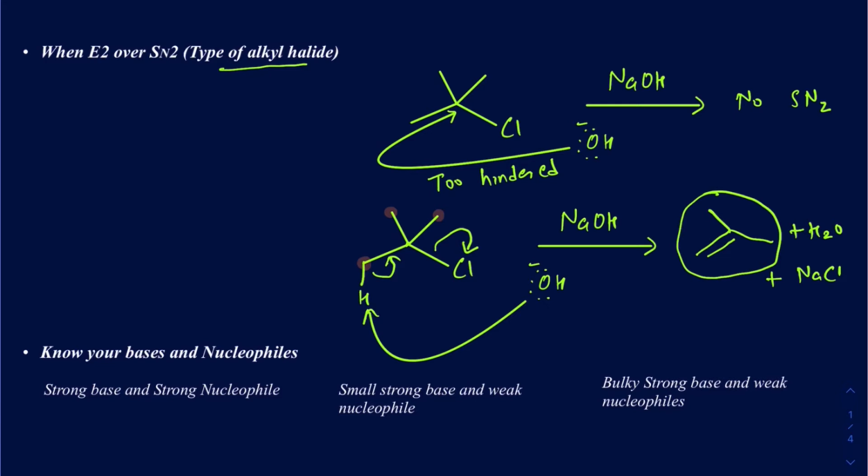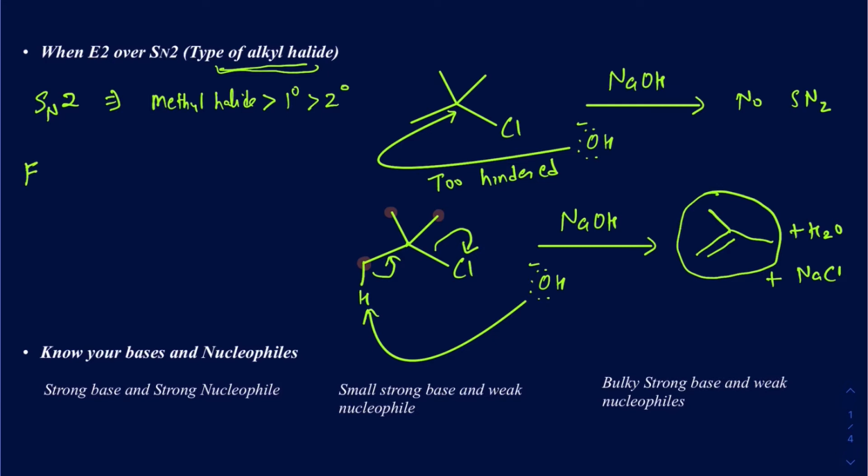So when we're looking at the order of E2 and SN2 with respect to the alkyl halides, if you recall real quick, the SN2 is likely to go with methyl halides and then followed by your primary, and then you can also have your SN2 with the secondary alkyl halides. But your SN2 cannot take place with the tertiary alkyl halides.